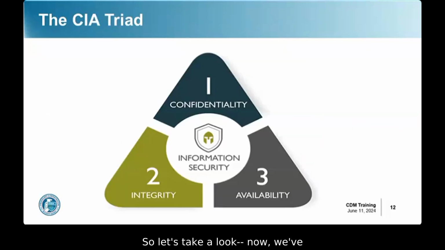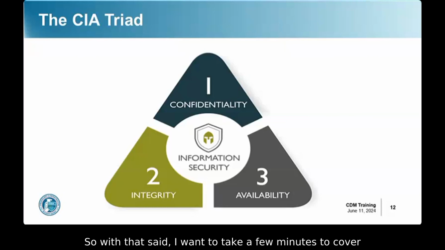So let's take a look now. We've mentioned confidentiality, availability, and integrity a couple of times now. Since it's a core function of any security analyst role and the cornerstone of information security in general, because we're always protecting something, we're making it available, and we're ensuring that the data is correct, right?